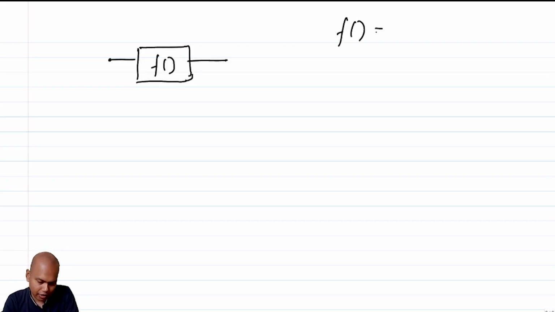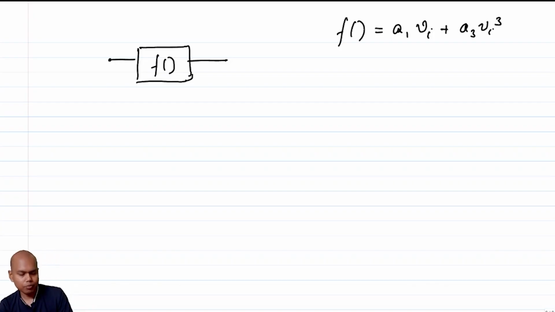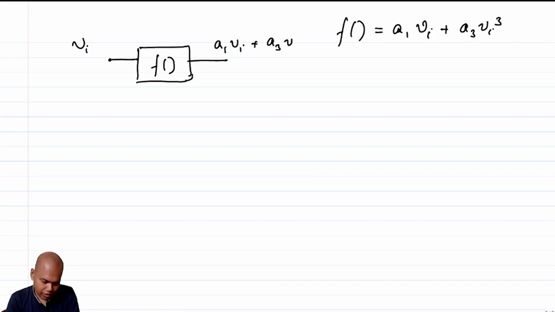So let's say I have only a third order nonlinearity, right? Which means that I have the fundamental, which is A1 times VI, and a third order term, which is A3 times VI cubed, right? Okay. So what am I having? I have a VI here. Here I have A1 times VI plus A3 times VI cubed.